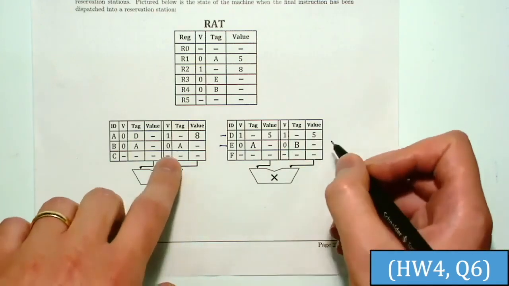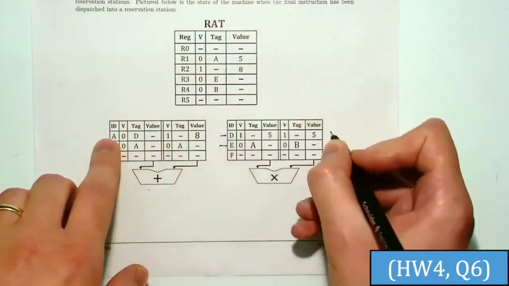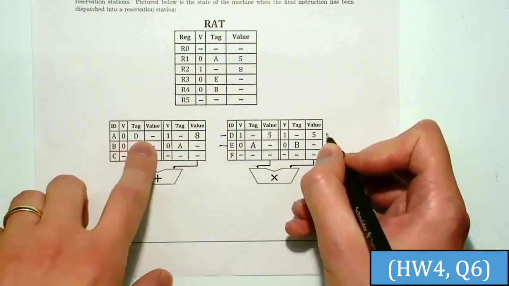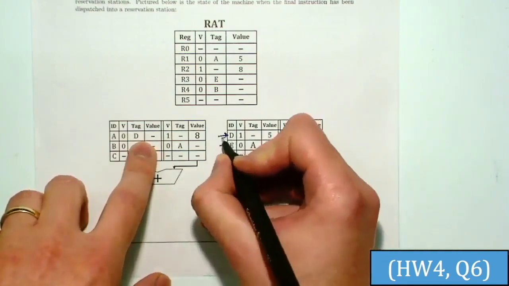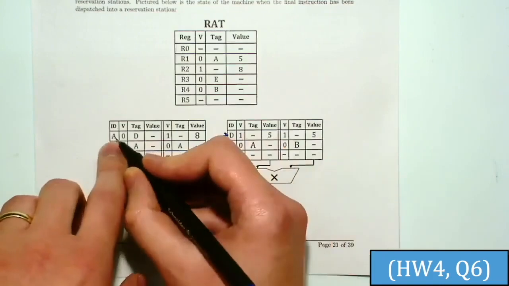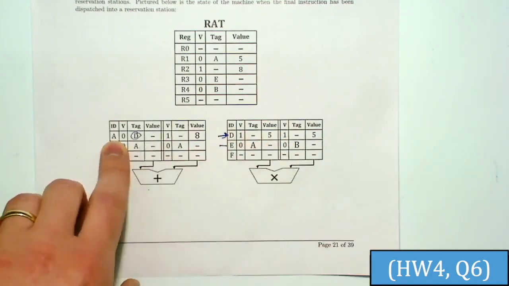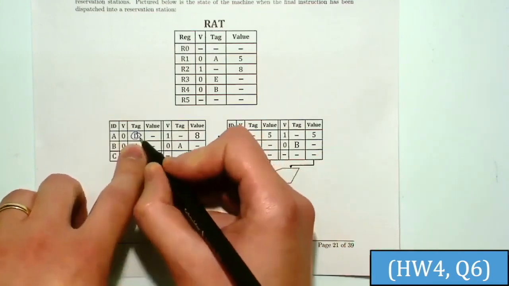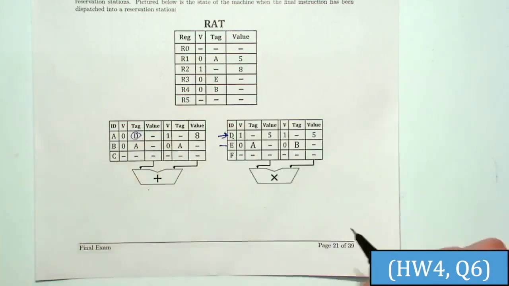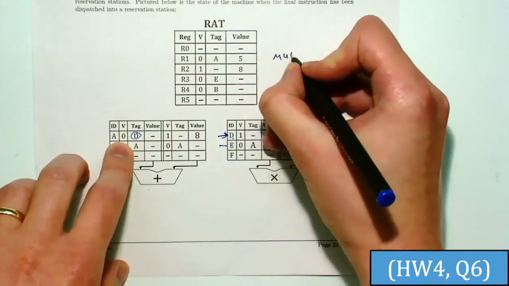We have to start by looking at the first entries in the 2 reservation stations. We can easily tell that this instruction over here, the multiplication, comes first before this instruction over here, because this is dependent on the multiplication, right? The D tag is here as a source operand to this addition instruction. So the first instruction is multiply.